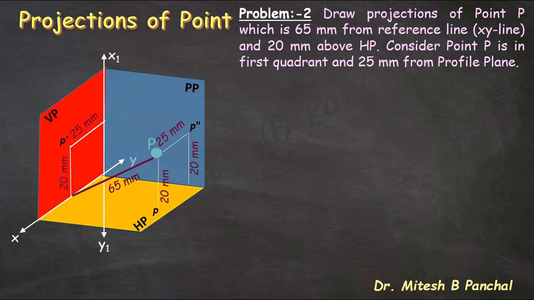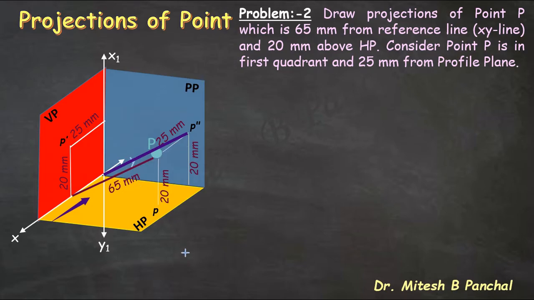Another dimension, from the origin, is 65 mm. When you look at the side view from this direction, the position of side view is 20 mm from XY line, and from origin it is 65 mm.